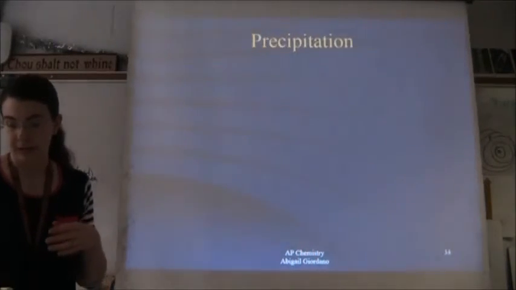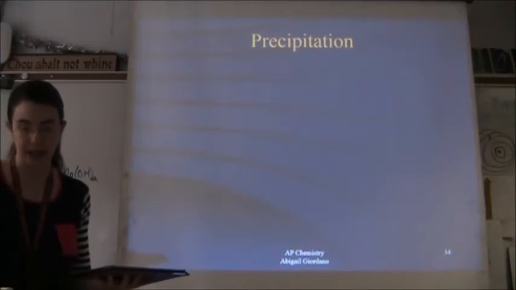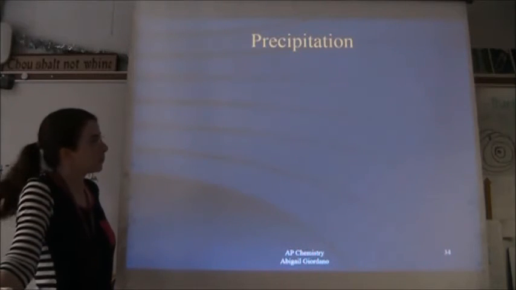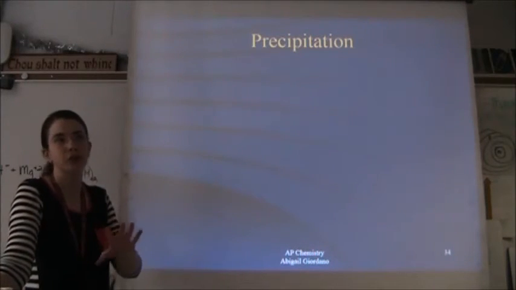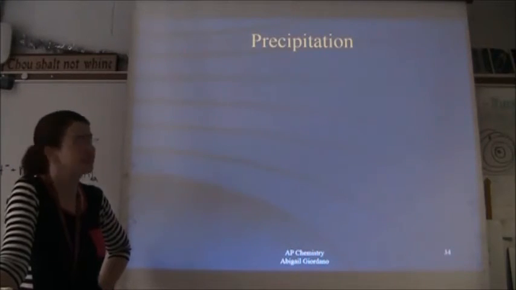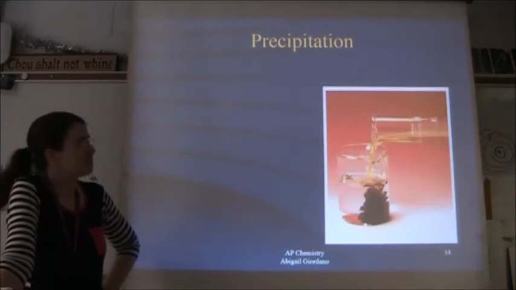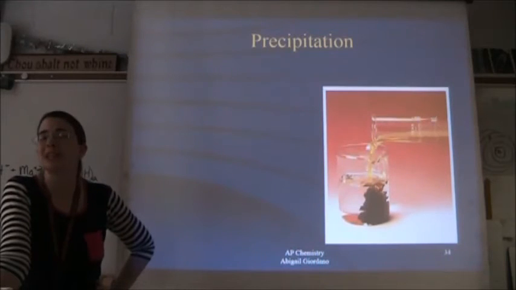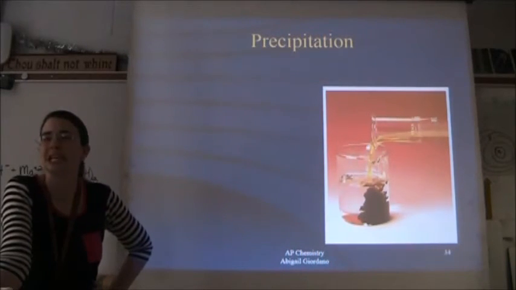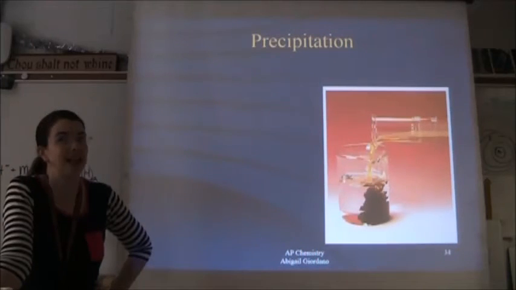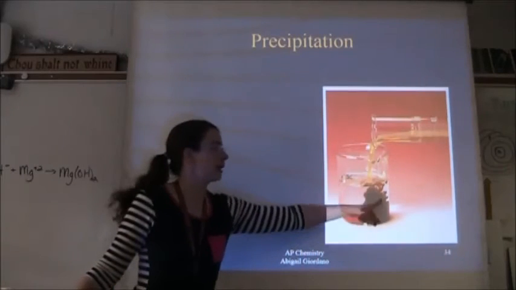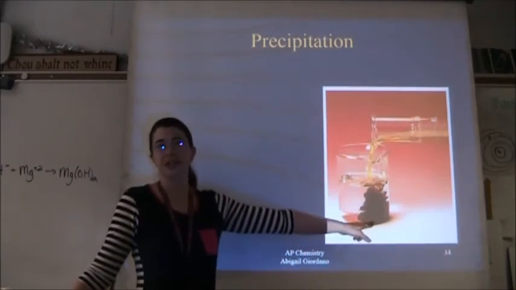All right. Last topic. Get excited. It's on precipitation. There's some concept and some short math, and then we're done like dinner. Precipitates, ladies and gentlemen. What state of matter is a precipitate? It's a solid. And it might look something like this, although this may not look like a solid to you. It is.